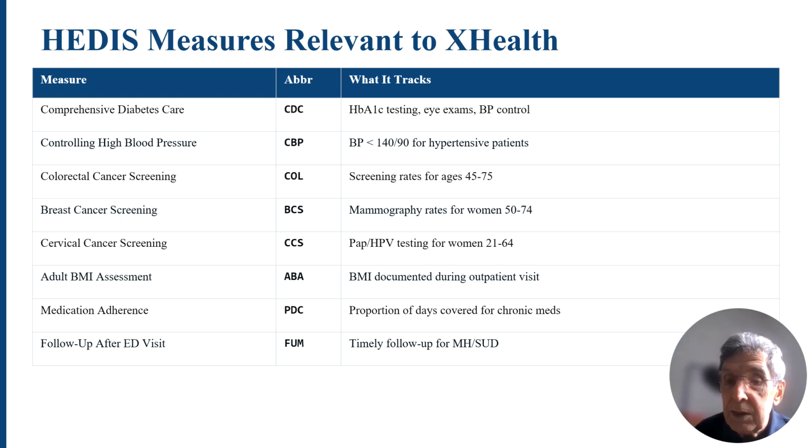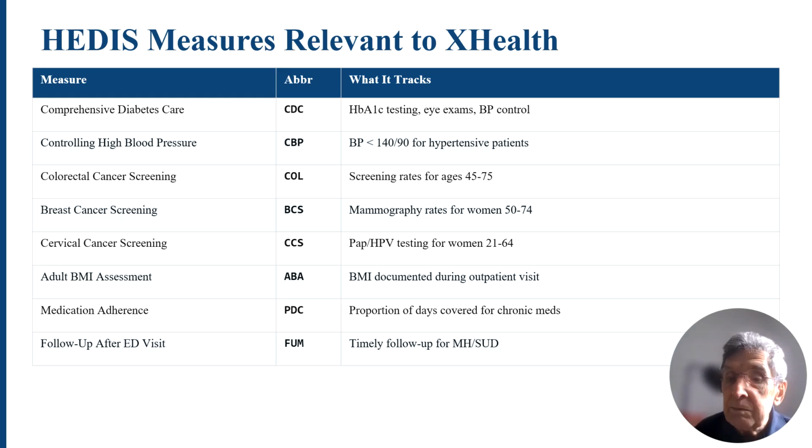Breast cancer screening measures mammography rates for women between the ages of 50 and 74. Cervical cancer screening tracks PAP and HPV testing for women from the ages of 21 to 64. The adult BMI assessment measures whether BMI is documented during outpatient visits.